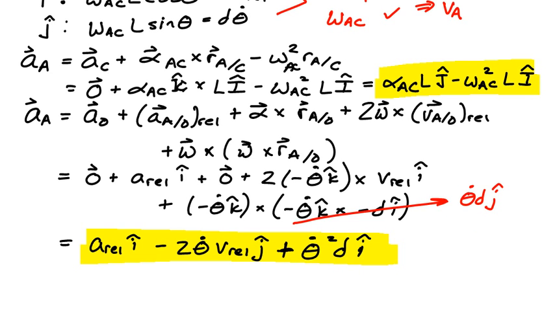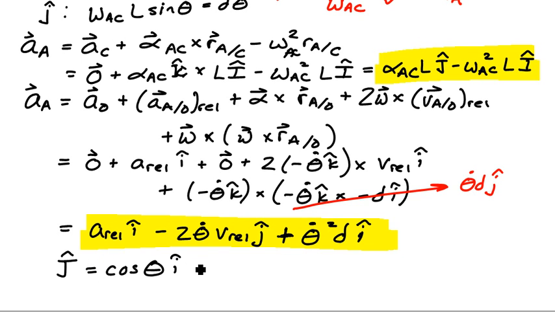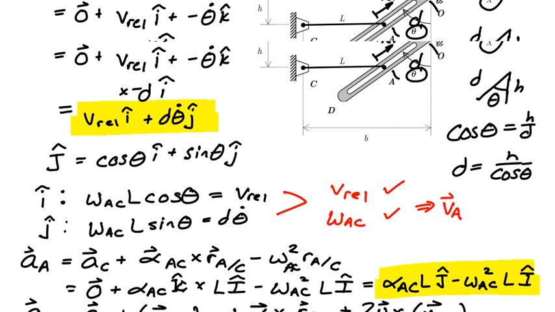Okay, so anyhow, now we have two expressions for the acceleration of point A. I again need to relate them to one another. Up above, I showed you previously that we'd already established capital J is equal to the cosine of the angle theta in the little i, plus the sine of the angle theta in the little j. And now I also need an expression for, in this case, capital I. So if I go back up here to my drawing, what is capital I?